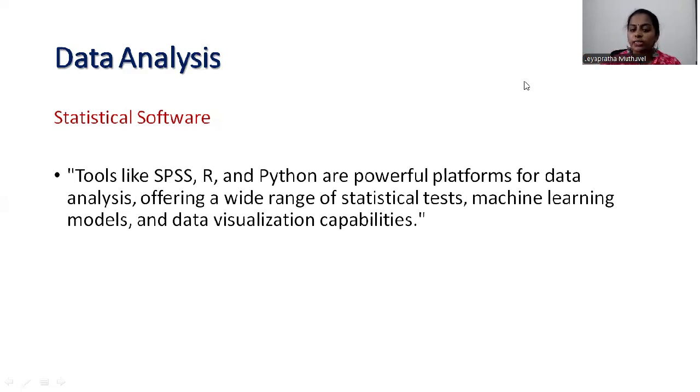Quantitative data analysis techniques. There are some techniques for quantitative analysis. We talked about two types, quantitative and qualitative. In quantitative analysis, we summarize and describe the features of a data set, like mean, median, mode. We make inferences about a population based on a sample, using hypothesis testing on samples.